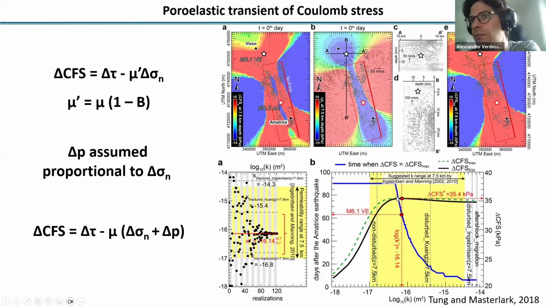So when the Visso earthquake occurred, the Coulomb stress changes had increased by, let's say, 4 times compared to the coseismic stress changes. So again, this is also an interesting approach, trying to explain the delay between the first event and the second event, and the reason why the Visso earthquake didn't occur right after the Amatrice event.